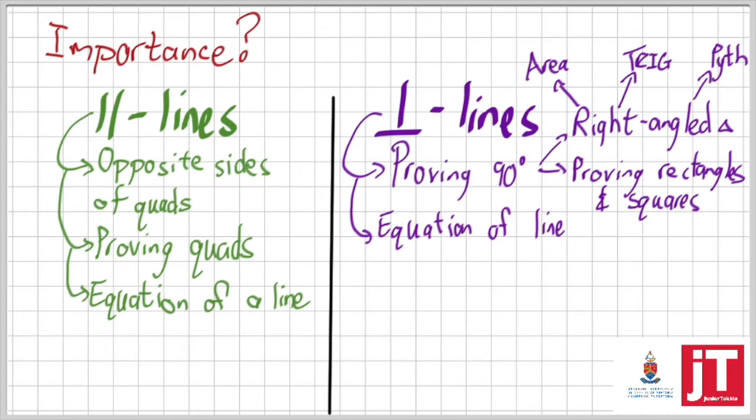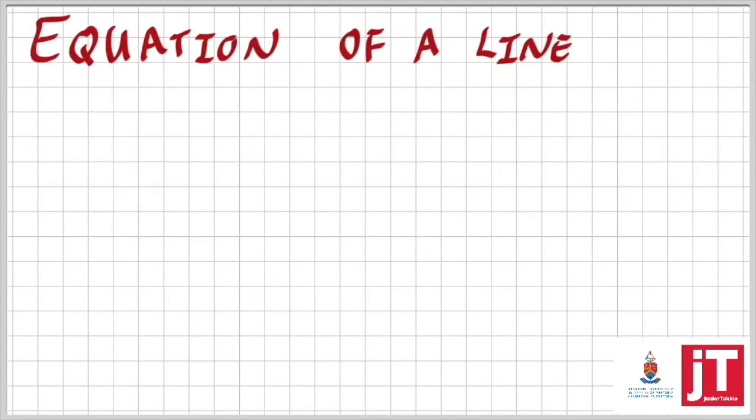Lastly, the fourth thing that we said was the equation of a line. When we're talking about the equation of a line, we've got to always go back to y equal mx plus c. Now, to determine the equation of a line, we always use two steps.